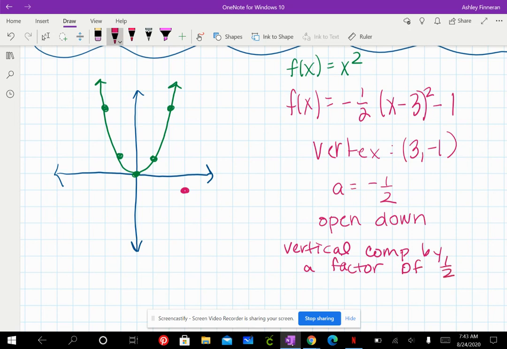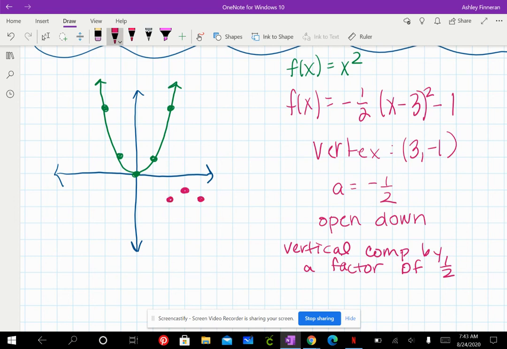So if I go over 1, I typically would go up 1 squared. But now I'm going to go over 1 and go down 1 squared because it opens down. But then I need to compress it by a factor of 1/2. So if I go over 1, I'm going to go down 1/2 because 1/2 times 1 is 1/2.